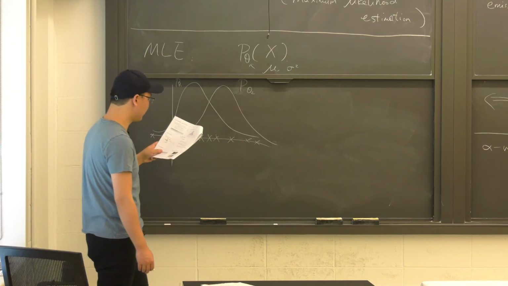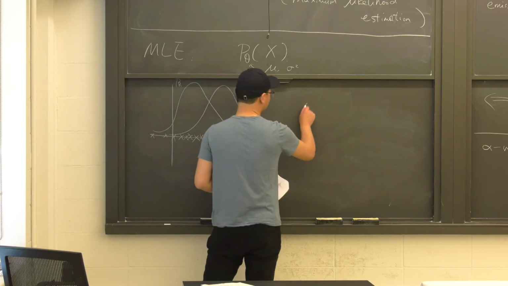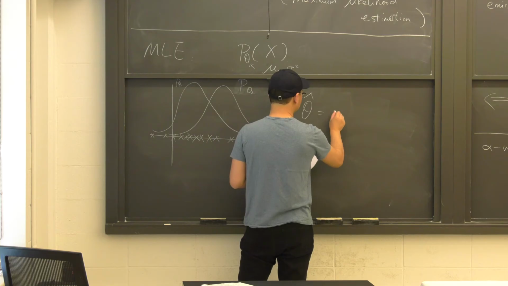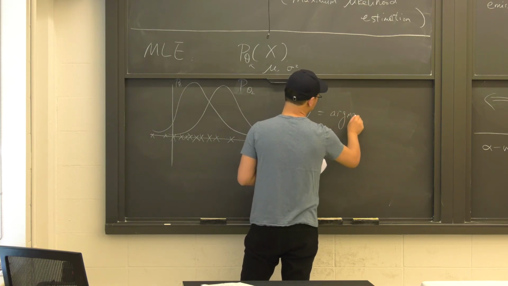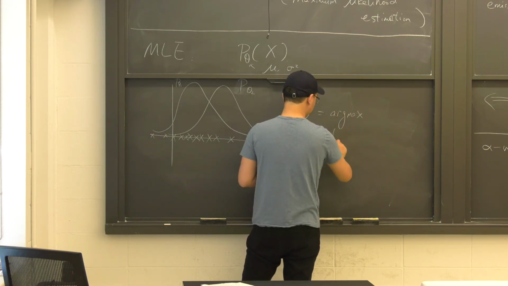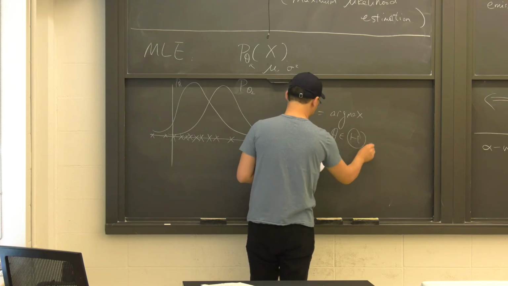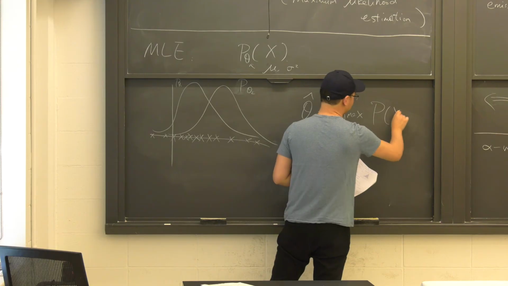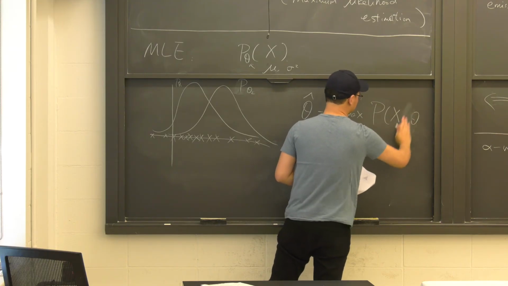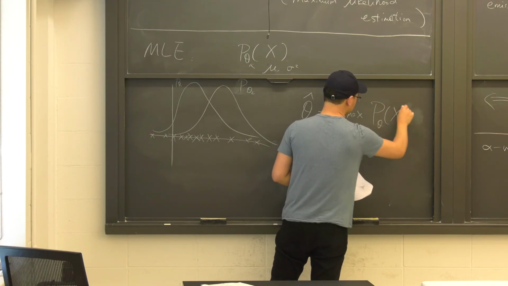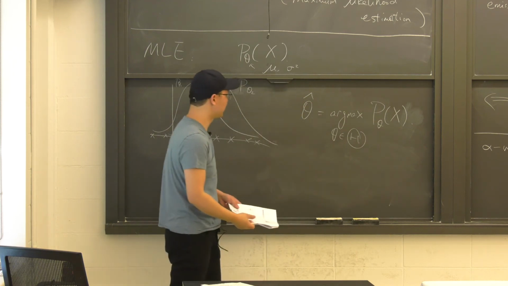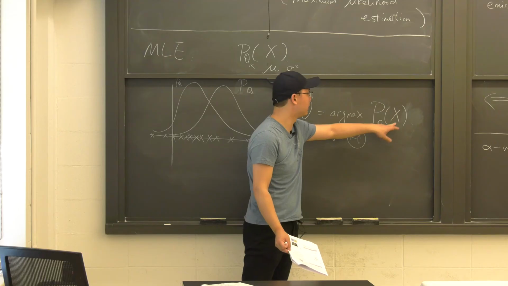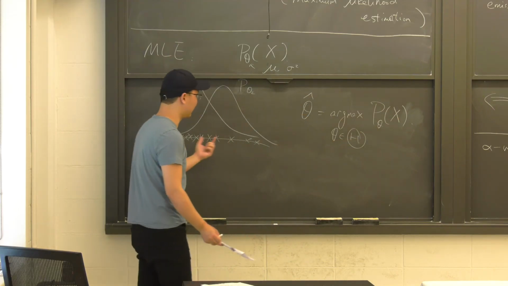So MLE is a very simple principle. Essentially, it says I will choose the parameter theta, from my parameter set, that maximizes the so-called likelihood. The likelihood function essentially says: if the true parameter is theta, what is the probability of observing this data x?